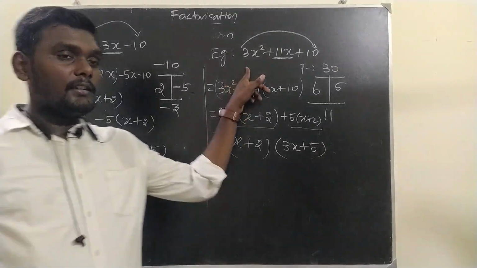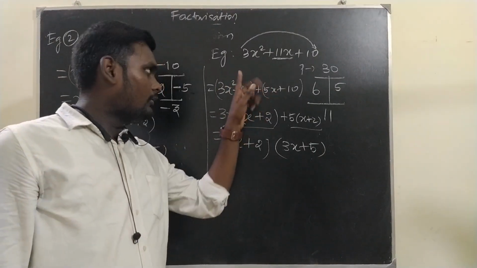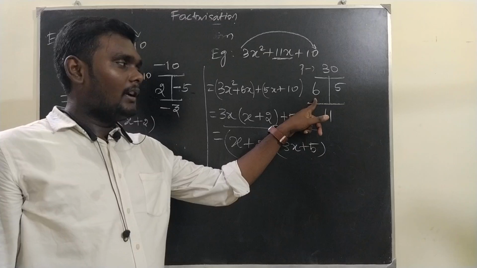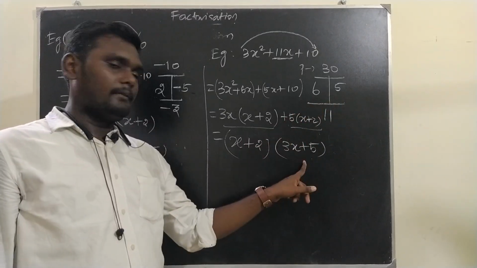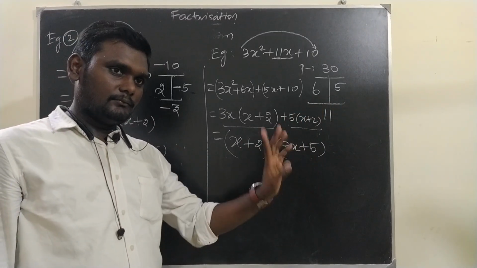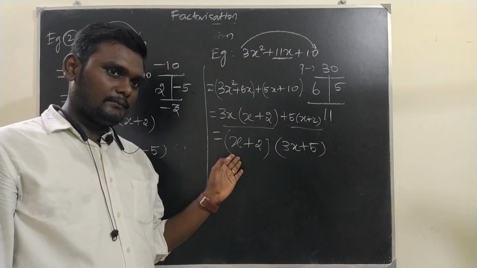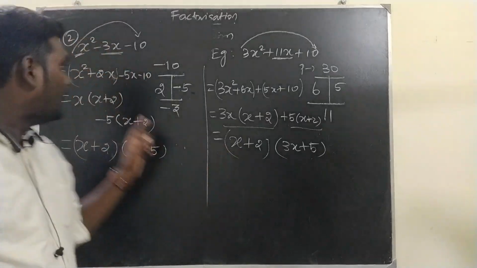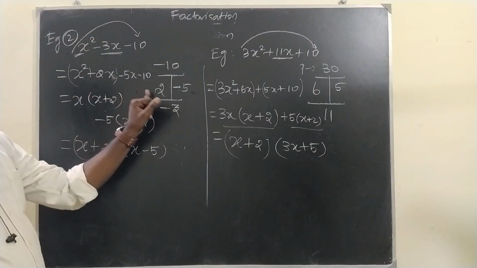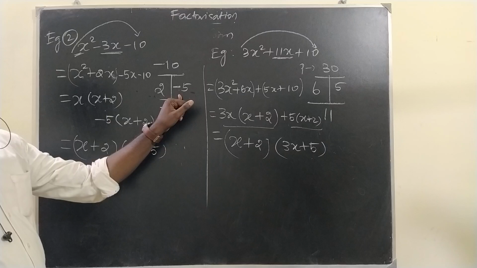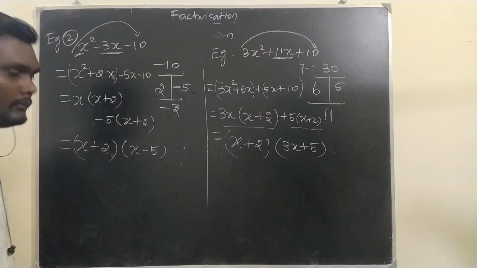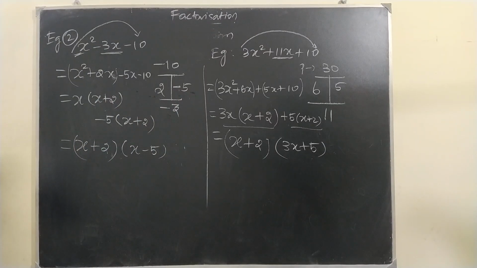But when the leading coefficient is not 1, I will not advise you to do the same, because it is not 3x plus 6 or 3x plus 5, is it? No. 3x plus 6 is there. But when the leading coefficient is 1, we directly write x plus means plus 2, x minus means minus 5. That is it.